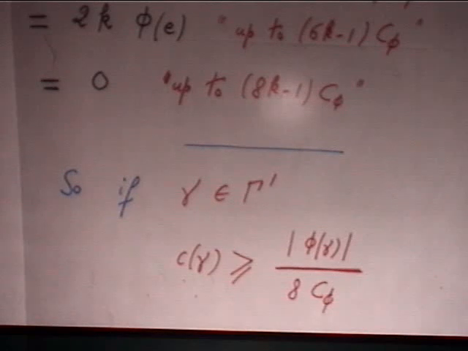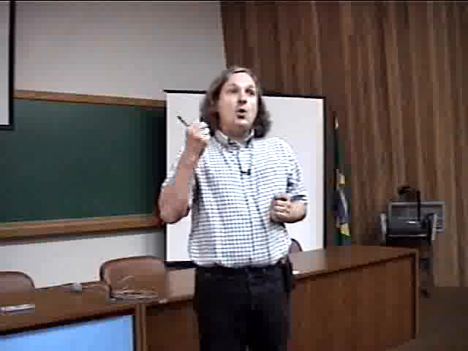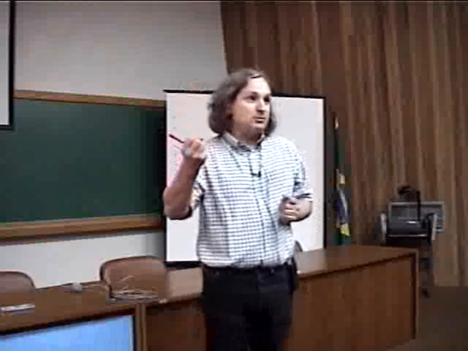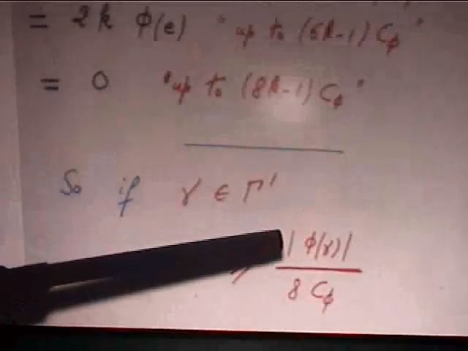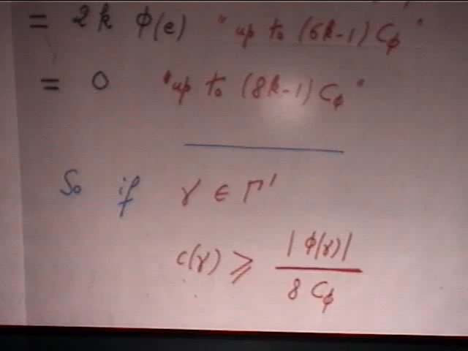If you give me an element in a group, and if you want to find a lower bound for the number of commutators, the trick is this. You produce a quasi-homomorphism which is as big as possible when evaluated on gamma, in order to have a numerator which is as big as possible, and with a constant C as small as possible.